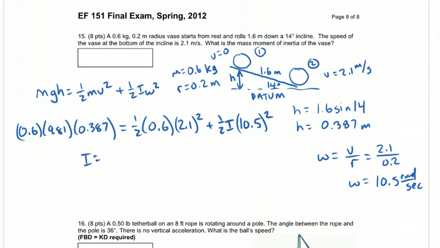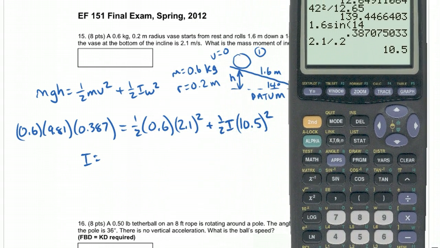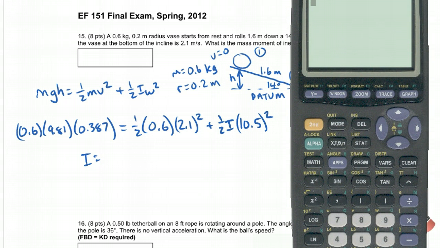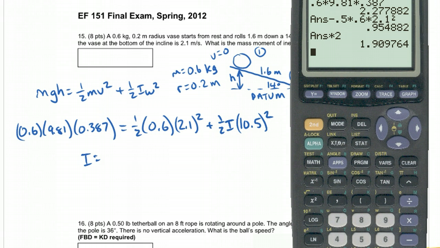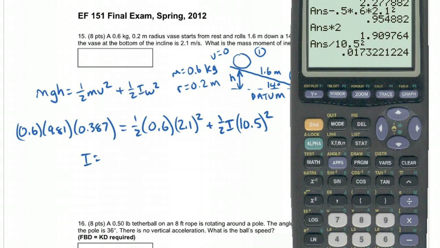And we can solve for I. We can get that all on the calculator here. 0.6 times 9.81 times 0.387, 2.27 was that number, minus 0.5 times 0.6 times 2.1 squared, times 2, divided by 10.5 squared. That gives 0.0173.